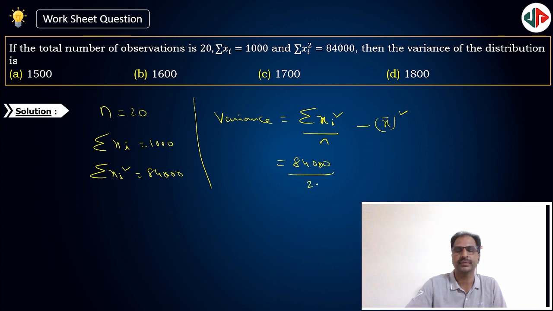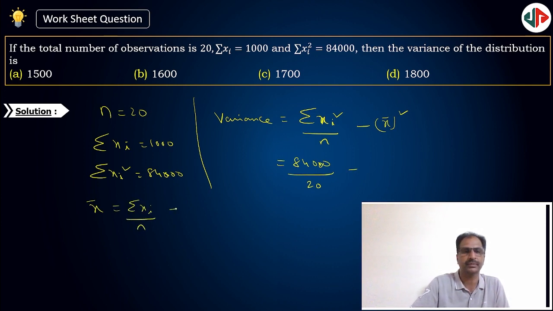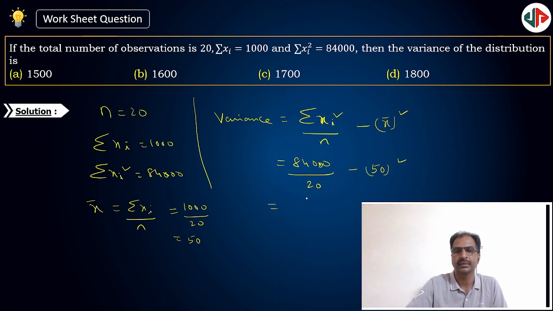Number of observations is 20. What is x bar? Sum of observations by number of observations, that is 1000 by 20, which is 50. So this is 50 square. So this is 4200 minus 2500, which is 1700. Option C.